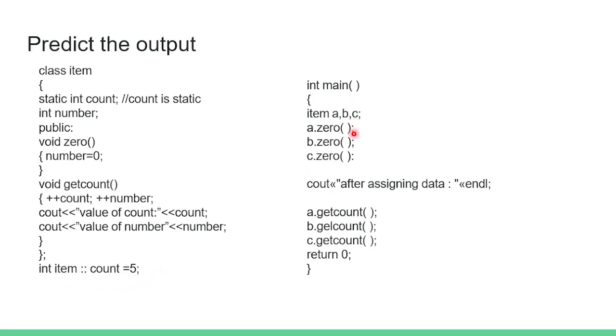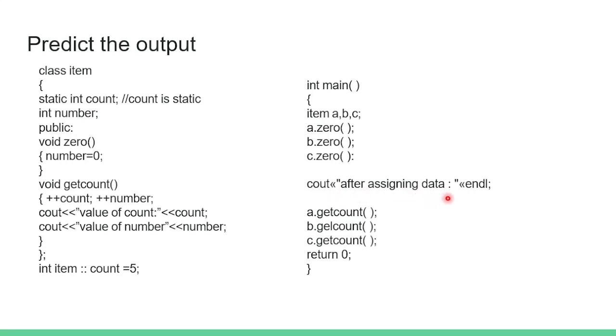Here we have the main function where we have three objects, and a.getdata(), b.getdata() and c.getdata() are called. Inside these functions we have number equal to 0. That means in all the cases we are initializing number to 0.